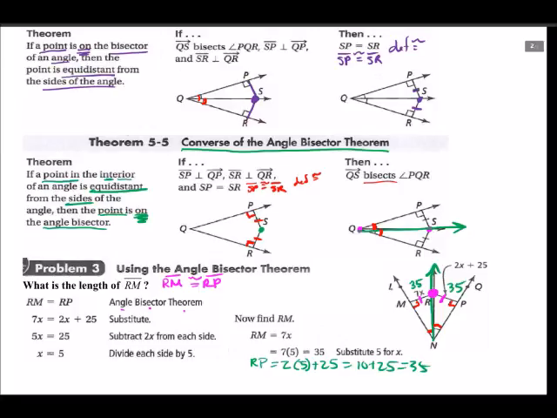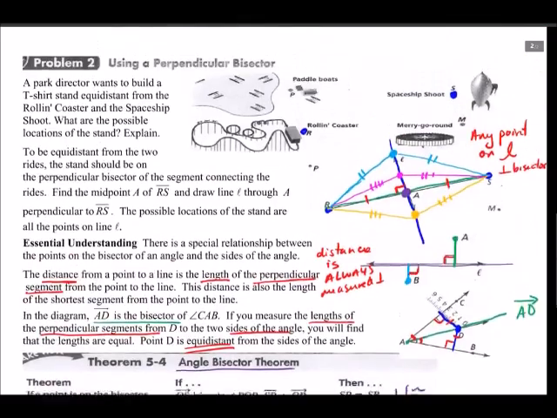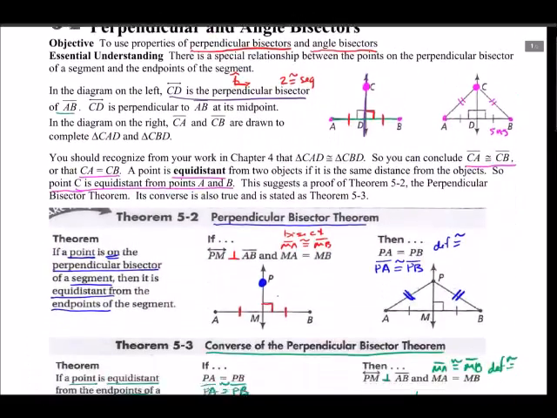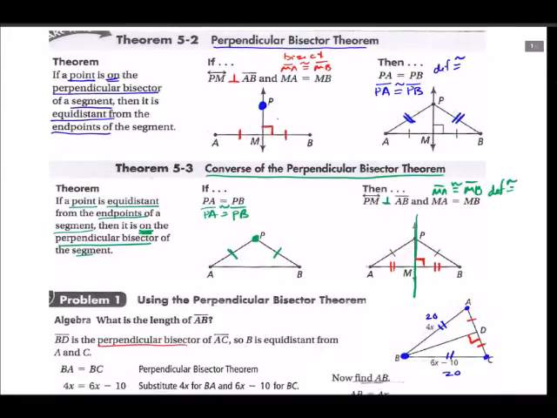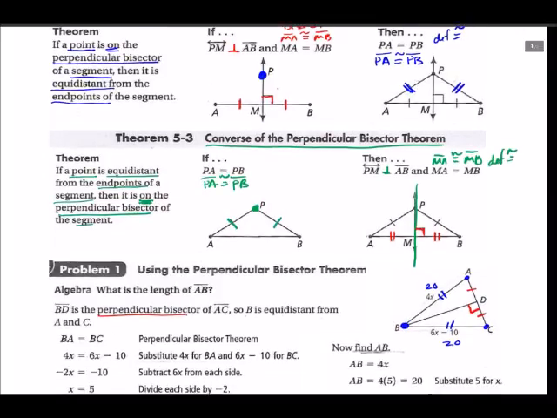Look for an angle bisector and a point on the angle bisector that has the right angles, right? That has the perpendicular lines going to the sides of the angle. Or back here on our perpendicular bisector theorem, look for a segment that has a perpendicular bisector of the segment.